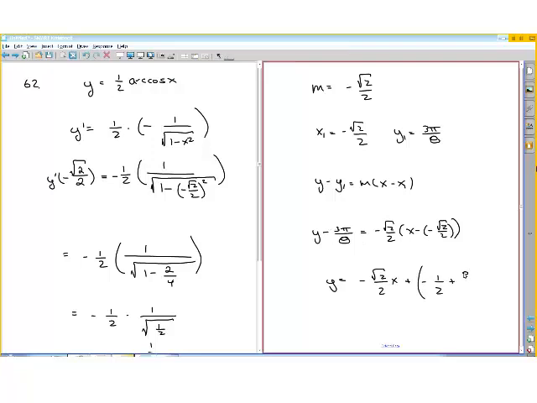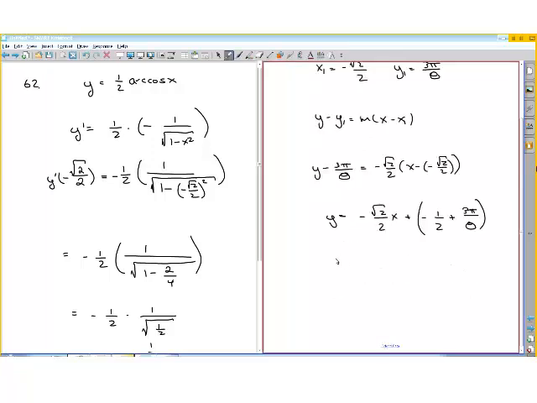And then we add this to both sides, so you have plus 3 pi over 8. And the last thing I'm going to do is just change the order of the two terms here, so I have the positive term first. So anyway, that's the equation of the tangent line.